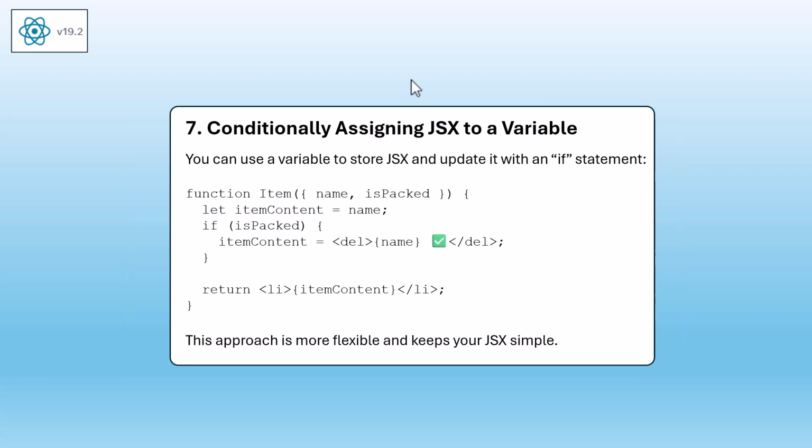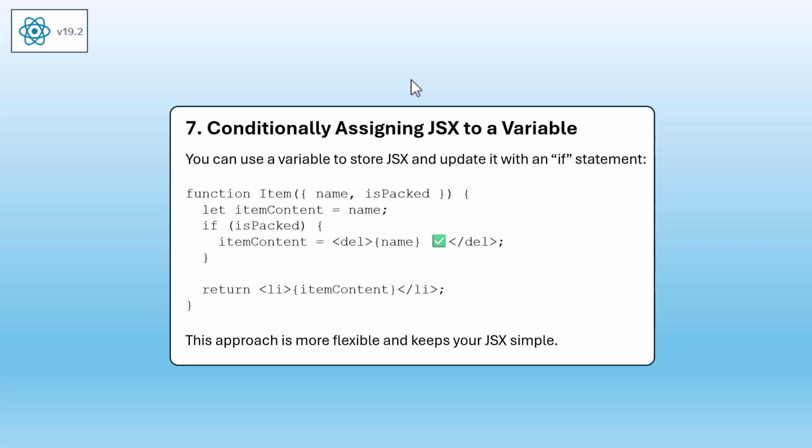7. Conditionally assigning JSX to a variable. Sometimes using ternaries or logical operators can make the JSX look crowded. When that happens, it's often better to define a variable that will hold the content you want to display. Here's how that works conceptually. You start by creating a variable, for example, itemContent, and you set it to the default value, say, the item's name.